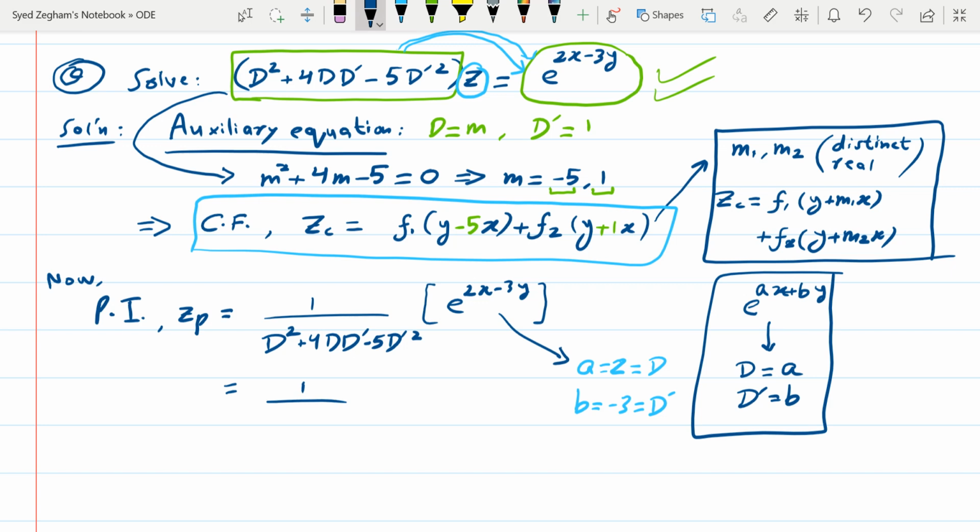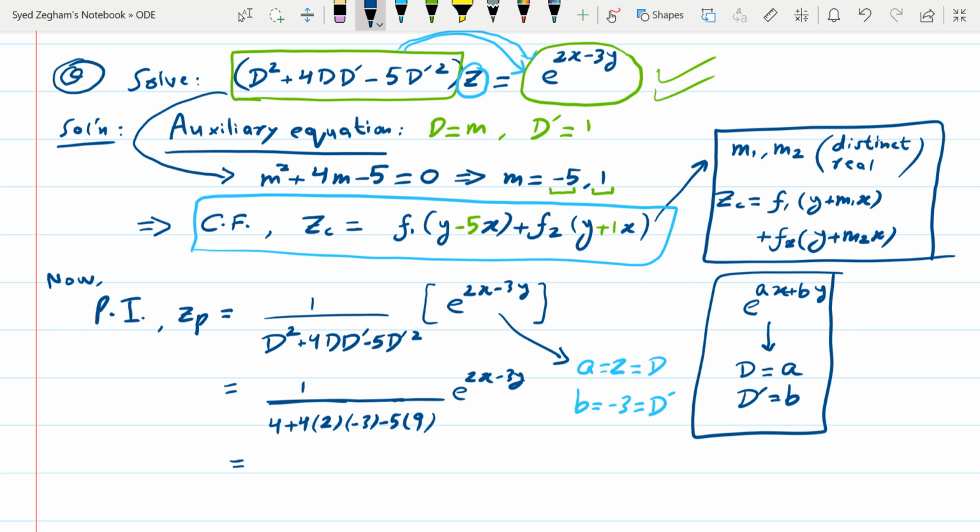So what do we get? 1 over d square, d is equal to 2, so d square will be 4, plus 4 times d, that is 2, multiplied by d prime, that is minus 3, minus 5 times d prime square. d prime is minus 3, so minus 3 whole square will be 9. Operating on e to the power 2x minus 3y.